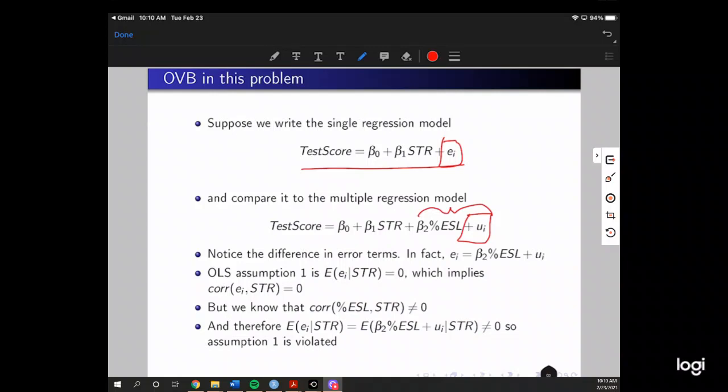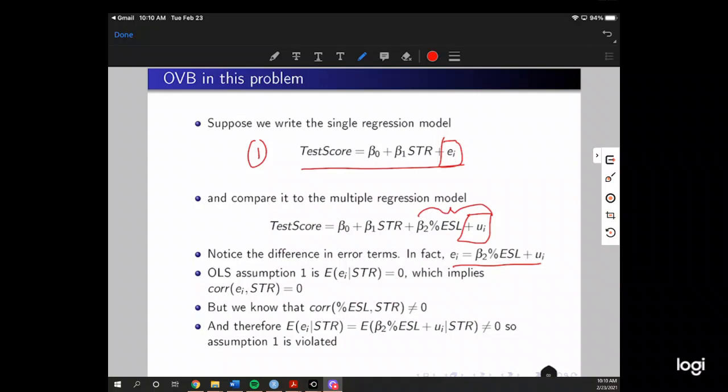And so e_i is everything that's left out of this model, model 1. e_i contains everything that's not in this equation, so anything that explains test scores but is not in the equation.